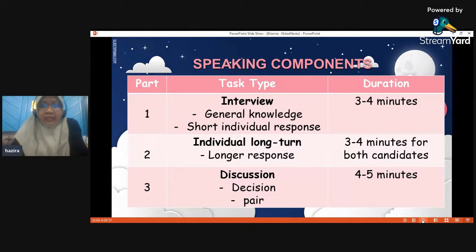Here are our speaking components in Paper 3. Part 1 is the interview part, where the teacher is going to ask you maybe 3 to 4 questions.